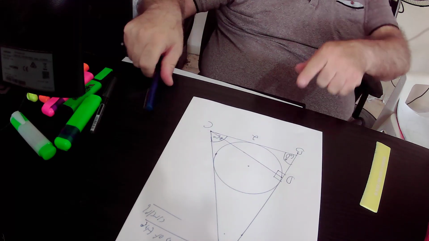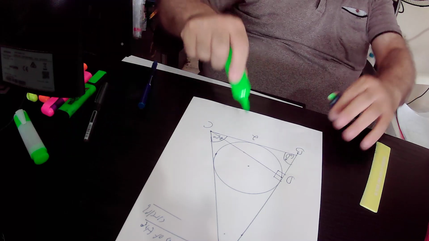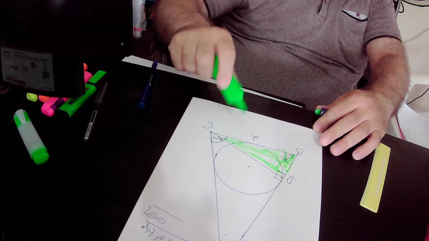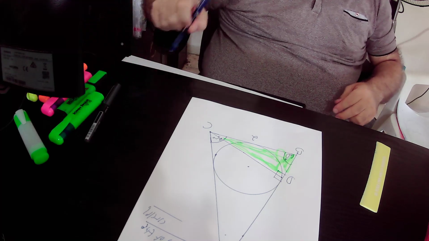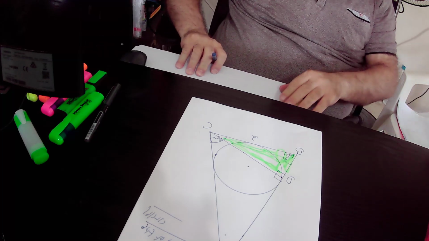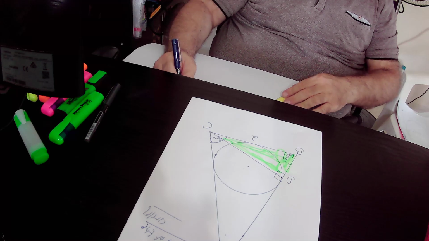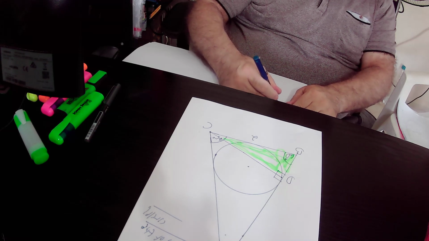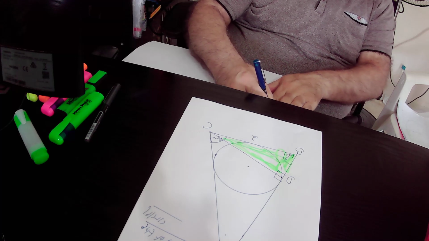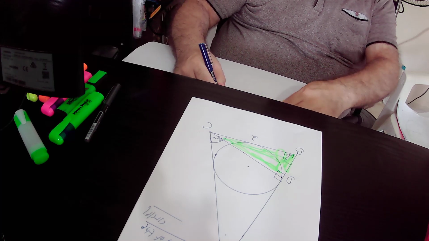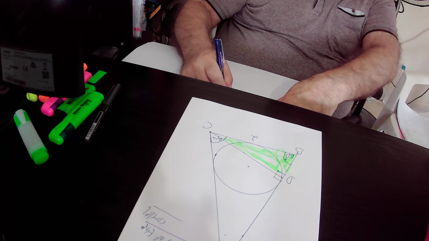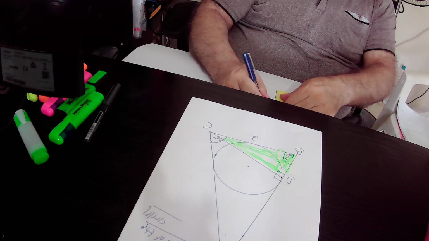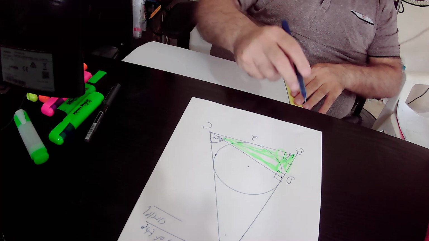So I will copy the right triangle in a new page, and we'll analyze the green right triangle. This is actually triangle BDC.